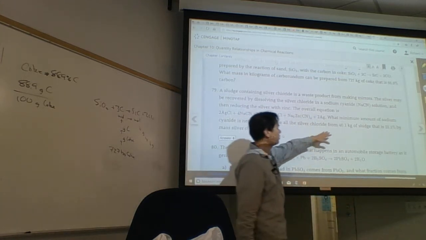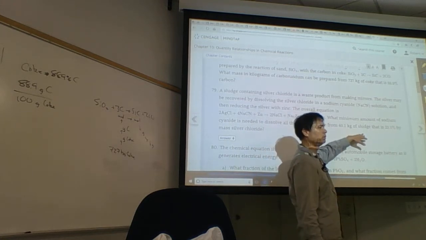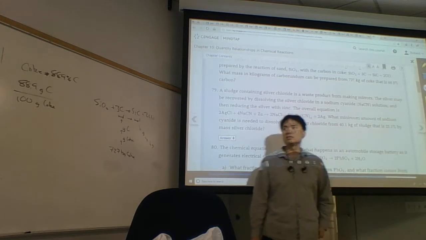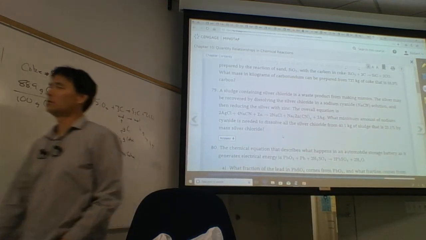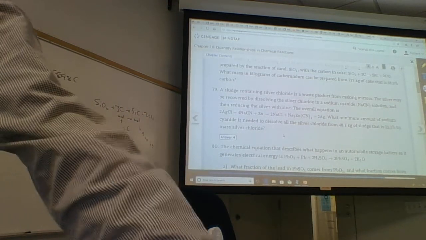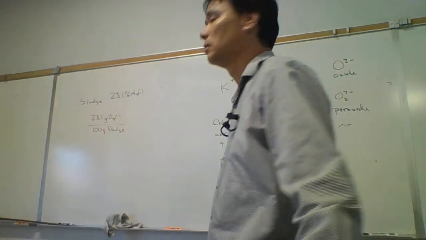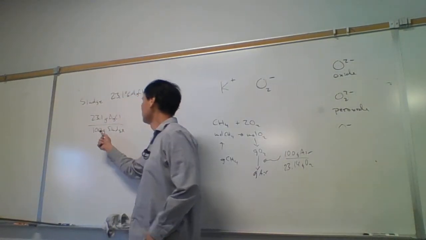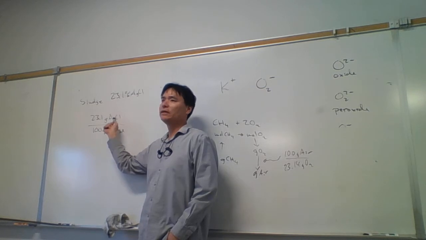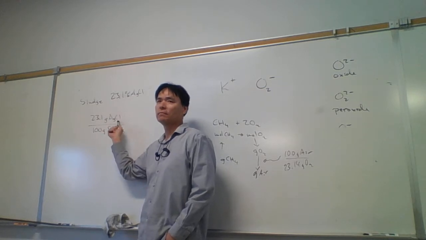I'd go from 40.1 kilograms of sludge to grams of sludge. And then from grams of sludge I would go to grams of silver chloride using this conversion factor here.